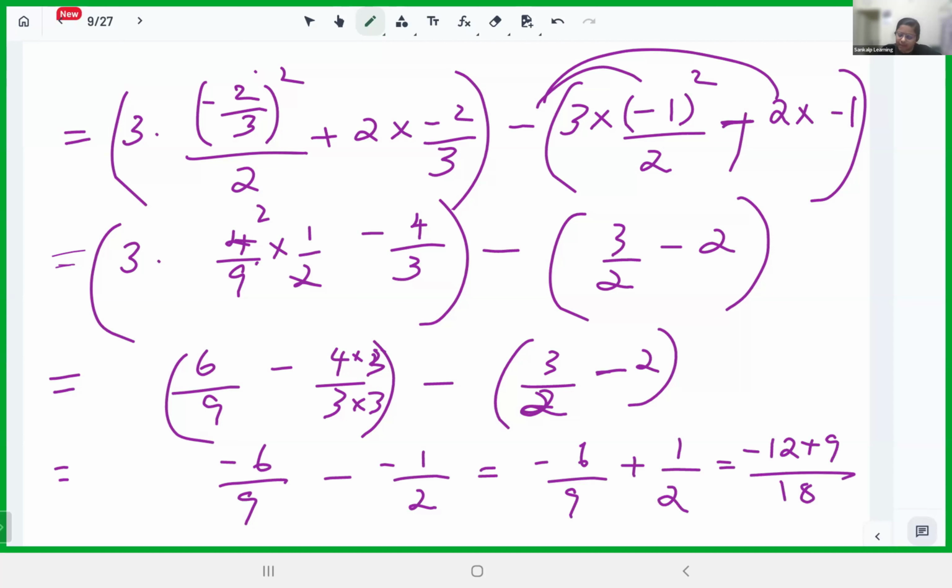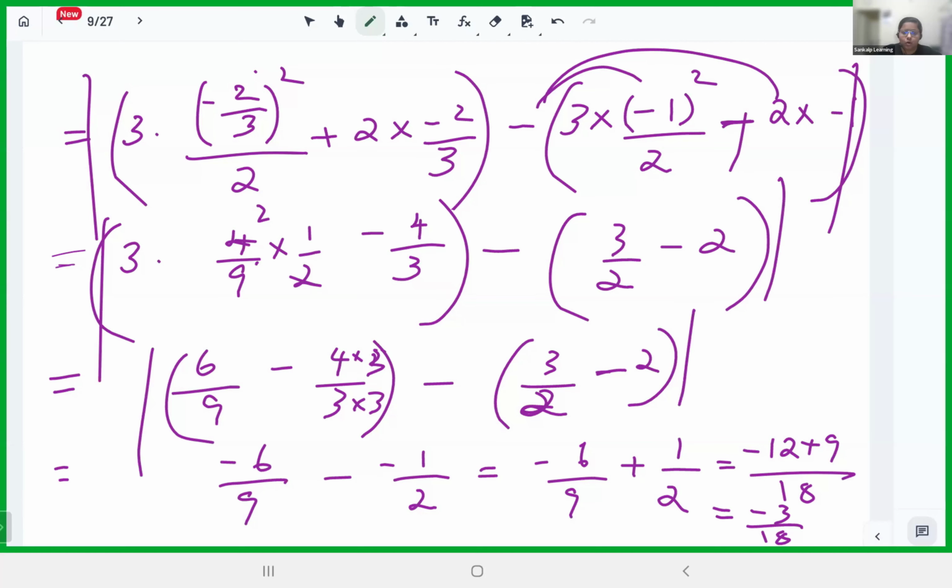Minus 12 plus 9 by 18. So what is the value here? It is minus 3 by 18. Here you have to take the modulus value. I have already told you that if the region is below the x-axis, you should always consider the modulus value, the absolute value, only the positive numerical part. So this will be equal to 3 by 18, which we can cut short and write as 1 by 6.